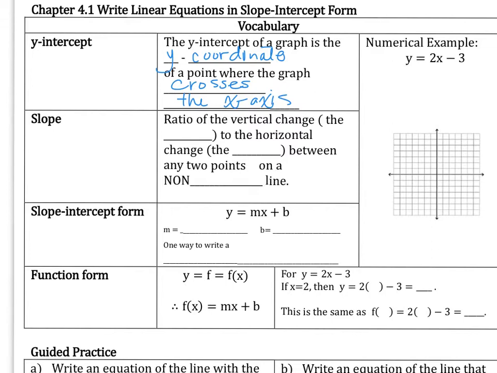Slope is the ratio of the vertical change, in other words, the rise, to the horizontal change, the run, between any 2 points on a non-vertical line. In slope-intercept form, y equals mx plus b, where m is the slope and b is the y-intercept.